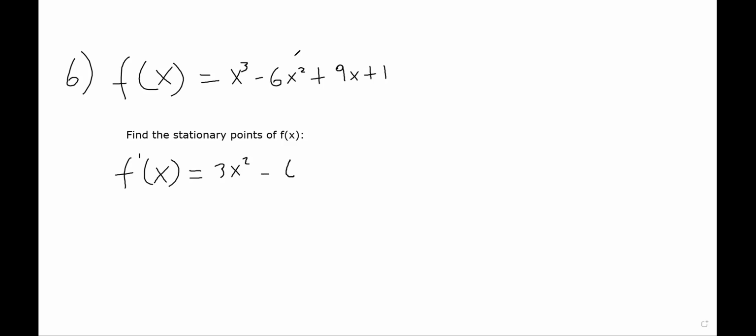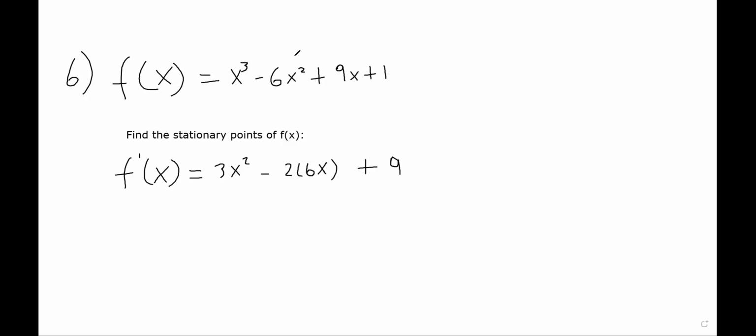Minus 6, but before we put that 6 there, we carry down the 2, so we have 2 multiplied by 6x, and minus 1 from the power gives us back 1. We don't need to worry about that 1. Plus the differential of 9x is just going to be equal to 9. And the differential of a whole number, as we said before, is just going to be equal to 0.